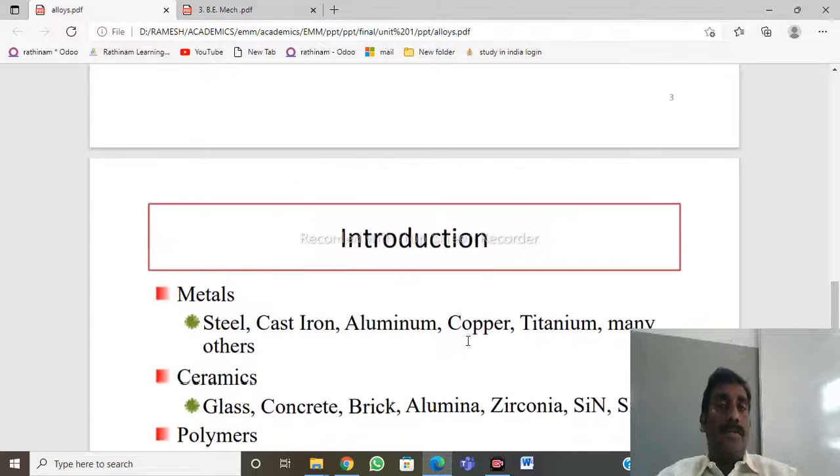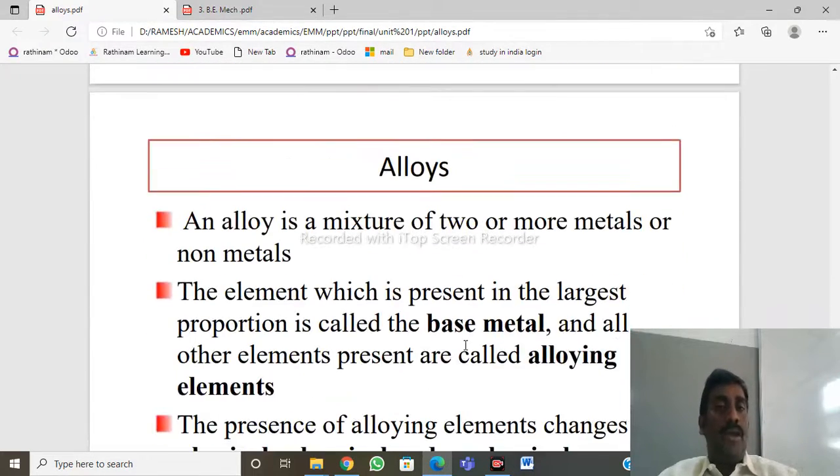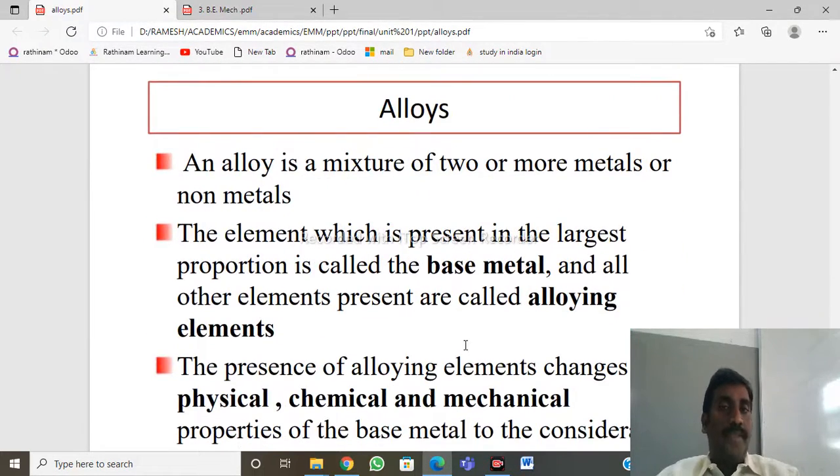So the first topic is alloys. What is meant by alloy? We already described alloy in the prerequisite itself. An alloy is a mixture of two or more metals or non-metals. If a single material is used, it is not considered an alloy; a single material can be named by its own material name.